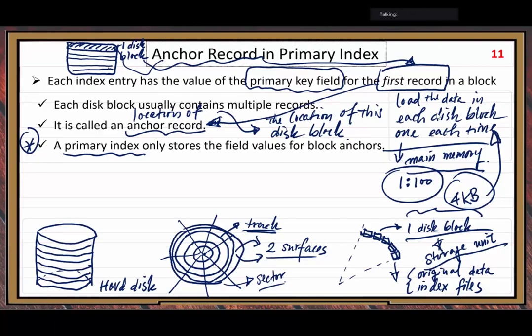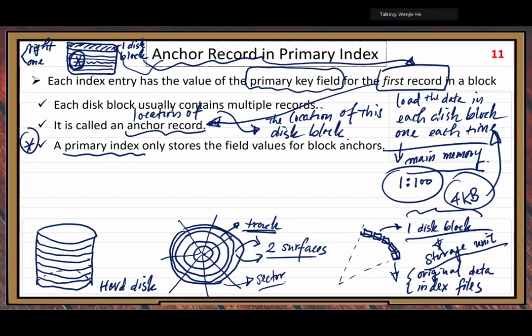If we know this disk block is the right one, for example, suppose your data search is targeting a particular row.